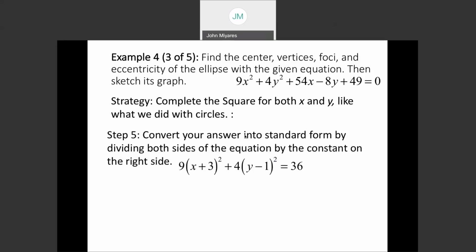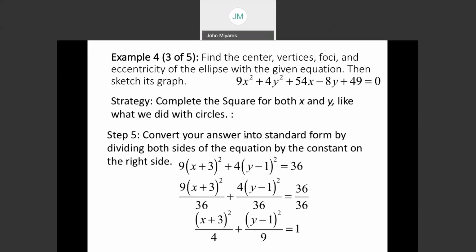We still need to get this expression to equal 1 on the right-hand side. So we're going to divide both sides of the equation by 36 and then reduce the fractions to get x plus 3 squared divided by 4 plus y minus 1 quantity squared divided by 9 equal to 1, which is our equation in standard form.